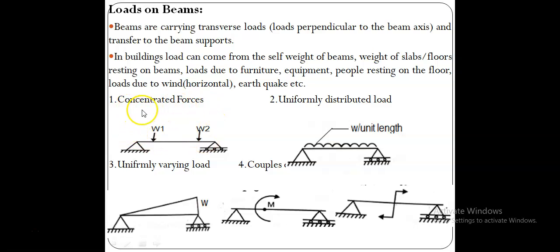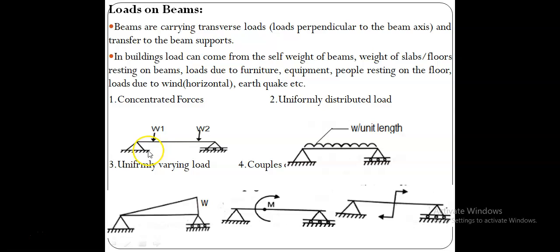Let us take first concentrated forces. A concentrated force means a force which is acting on a single point, or concentrating on a single point on the length of beam. You see that here W1 is acting at some point, and W2 is acting at some point. It can be referred from either the left support or the right support.